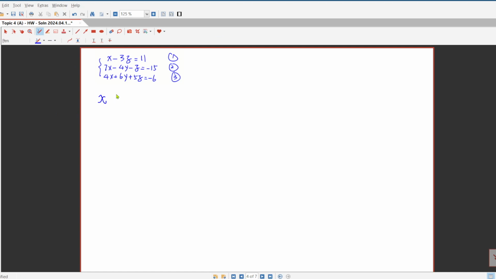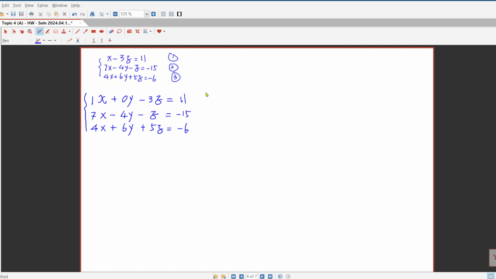So the first equation is 1x plus 0y minus 3z equals 11, right? And then 7x minus 4y minus z equals -15. And then 4x plus 6y plus 5z equals -6, right?